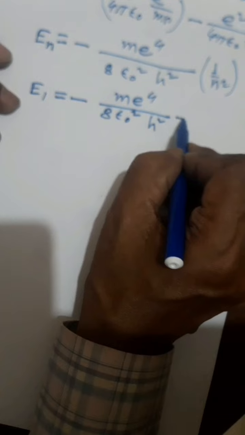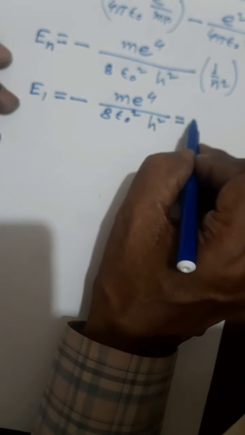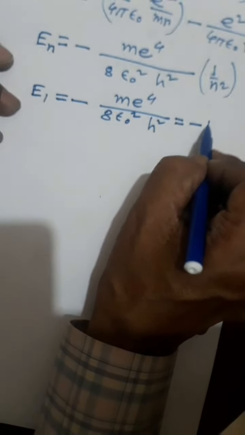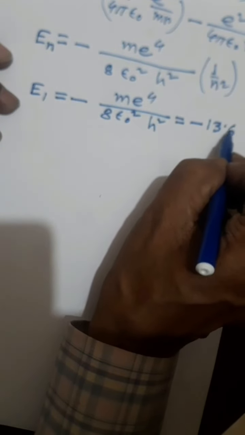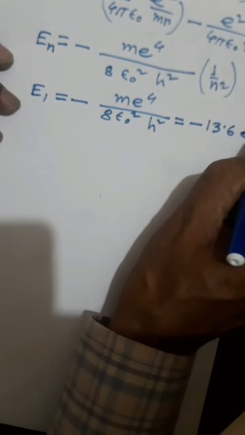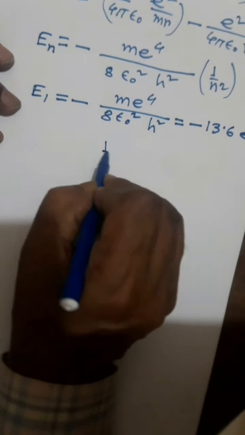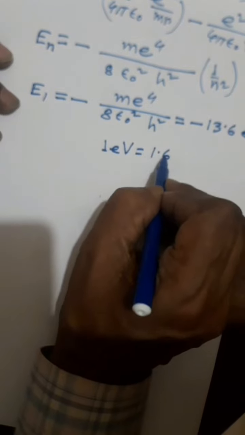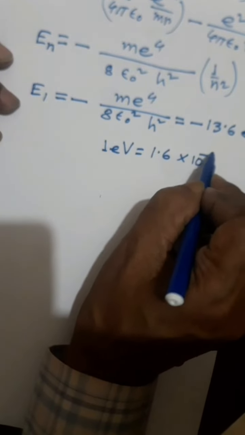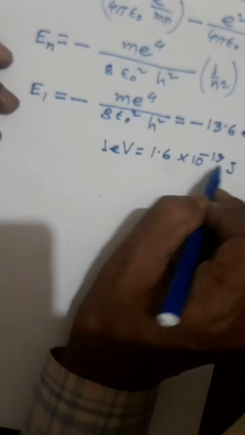And it is calculated as minus 13.6 electron volt, where 1 electron volt equal to 1.6 into 10 to the power minus 19 joule.